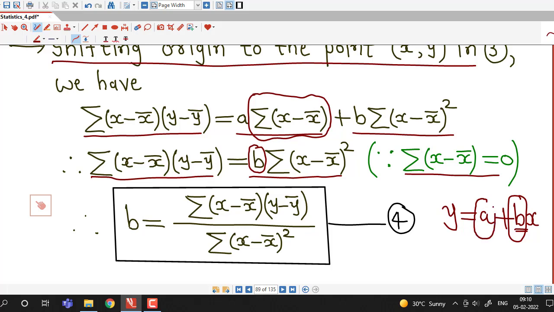We are not going to obtain the formula for a here, but we will write the line of regression of y on x in another form. For that, we first obtained the slope b as above.